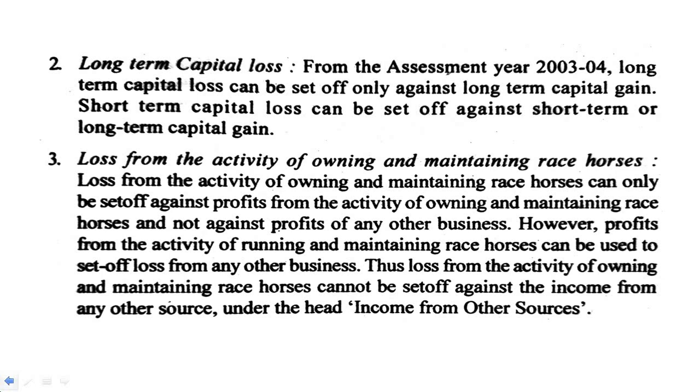However, profit from the activity of owning and maintaining racehorses can be used to set off loss from any other business. Thus, loss from the activity of owning and maintaining racehorses can be set off against the income from any other sources under the head income from other sources.